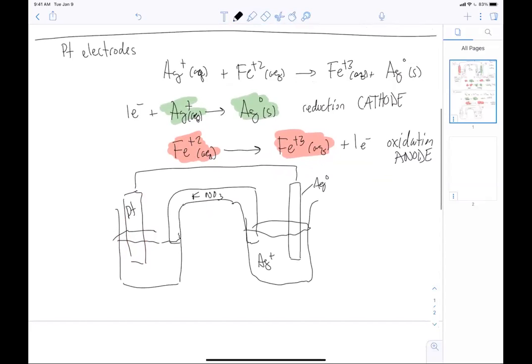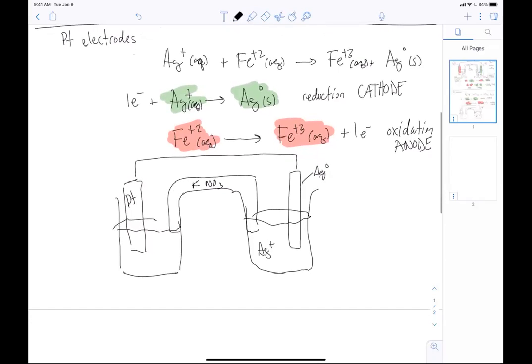So platinum is an inert electrode. It doesn't actually participate in the chemical reaction. It just serves as a conduit for electrons to flow to or from. In this case, the platinum electrode is at the anode. And we have this reaction that happens in solution, where we're starting with iron 2, and then it's going to iron 3.